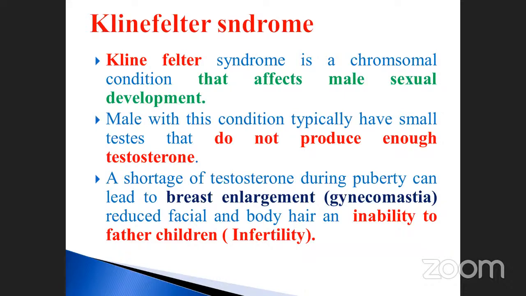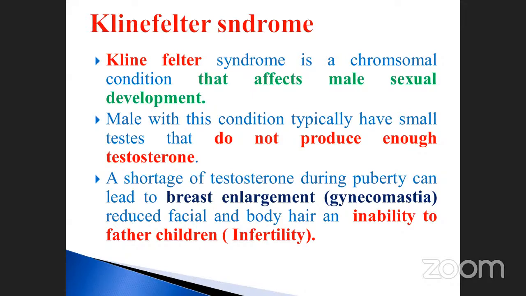And the next one is called Klinefelter syndrome. Note it down, my dear. This is also very, very important. Klinefelter syndrome mostly occurs in male sexual development. It is a chromosomal condition that affects male sexual development.